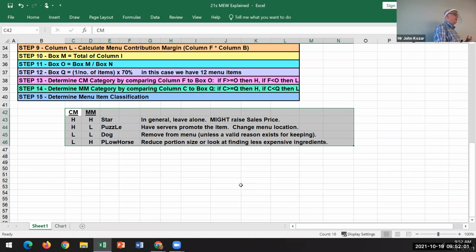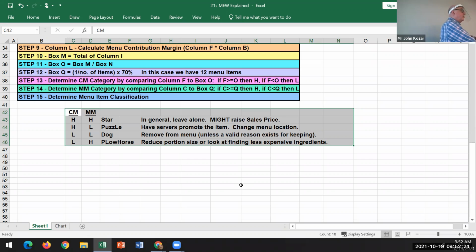So a star is something that each time a plate goes out, we're making above average contribution margin. So it's contributing to the profit. And we're selling a lot of it. So that's a really good thing. Typically, you don't want to change anything about that menu item.